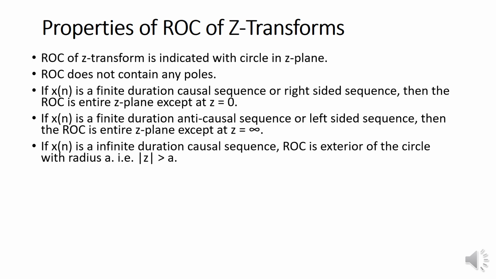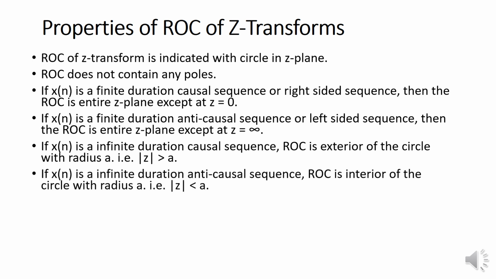As an example, magnitude of z larger than a will represent that. So the exterior of the circle defined by magnitude of z equal a, that means magnitude of z larger than a, will be the ROC.